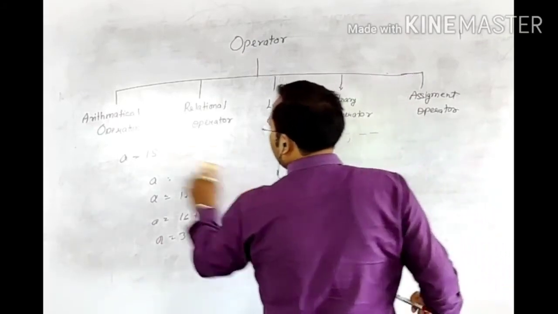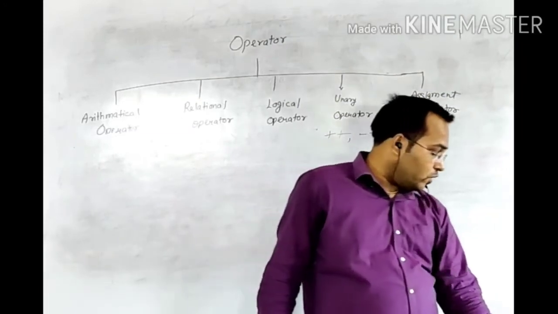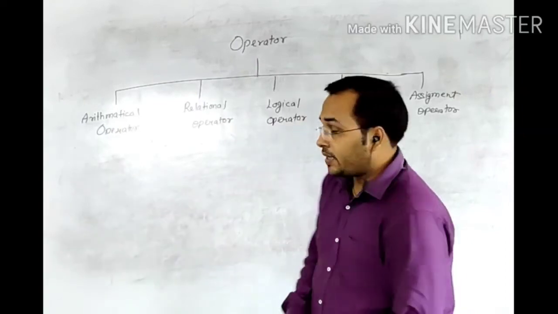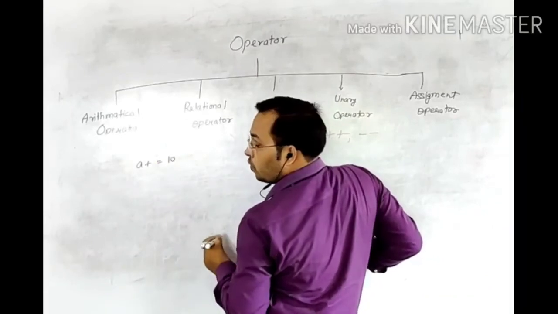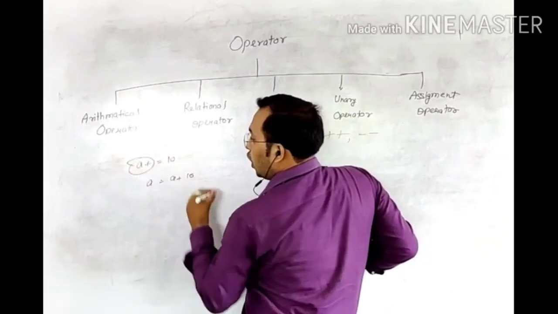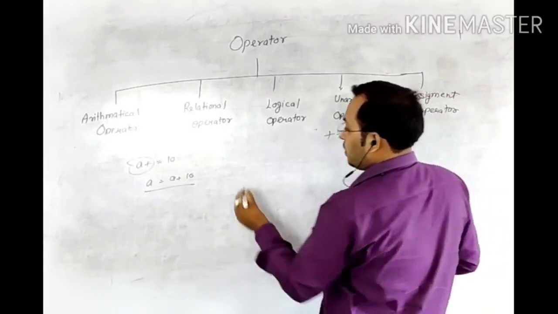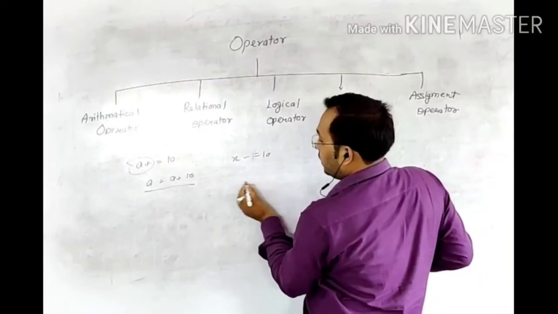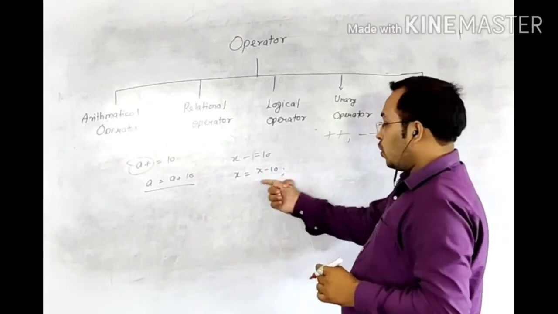Now the next one is assignment operator. In assignment operator, what we do? We are assigning some values into it. Like suppose I have written a plus equals to 10. What does it mean? a equals to a plus 10. This is the short form. Suppose we have written x minus equals to 10. In this case, x equals to x minus 10 is the solution for this.